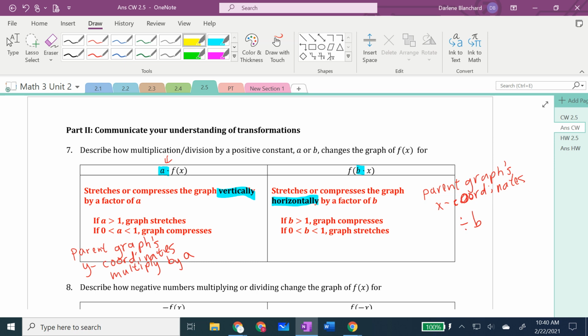And I want to point out to you also, if the number you multiply outside the function is greater than 1, that's going to stretch it vertically. But when it's x being multiplied, if it's being multiplied by a number that's greater than 1, that's going to compress it horizontally.